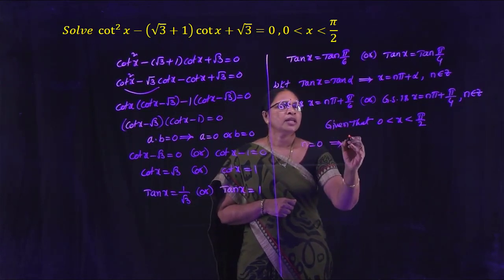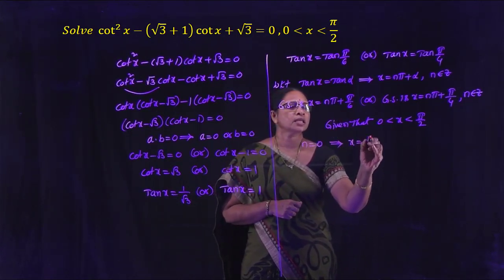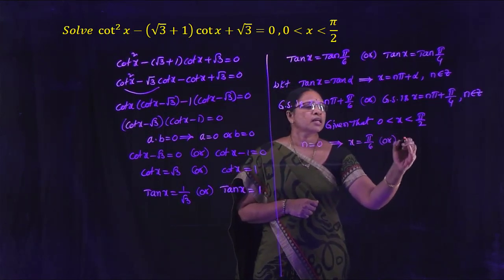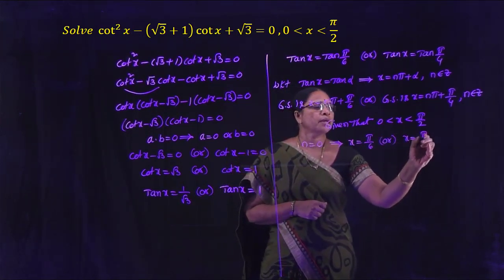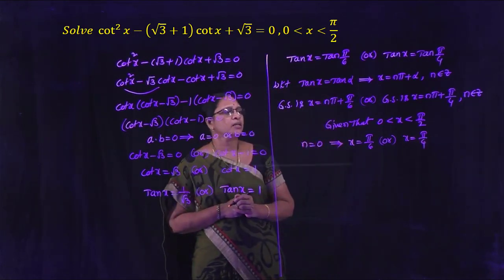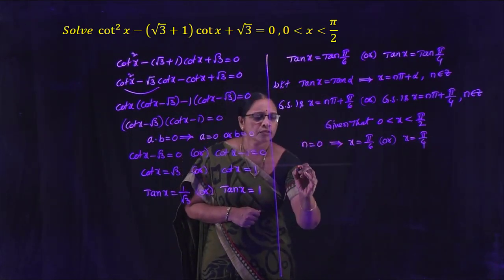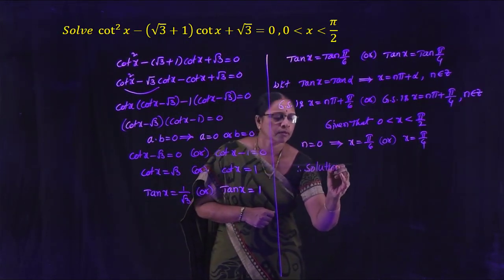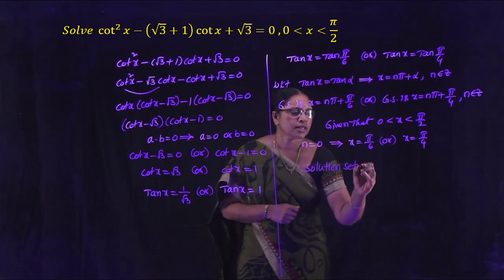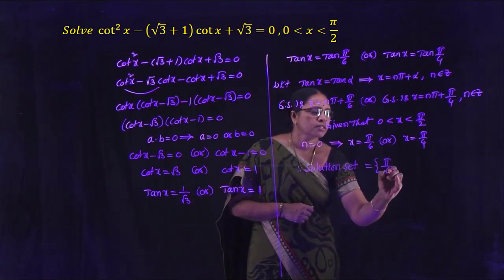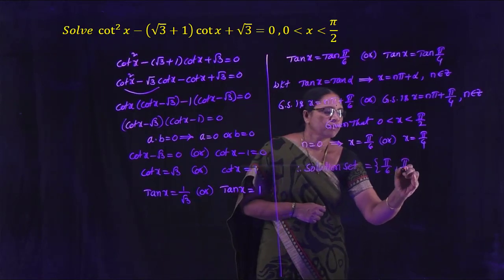Here, put n equal to 0, we get x is equal to pi by 6. In second case, x is equal to pi by 4. Therefore, solution set is x equal to pi by 6 comma pi by 4.